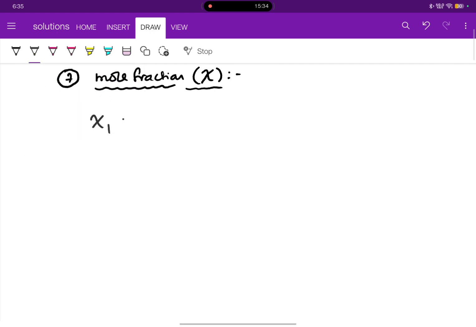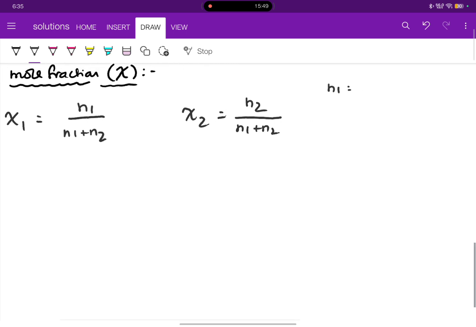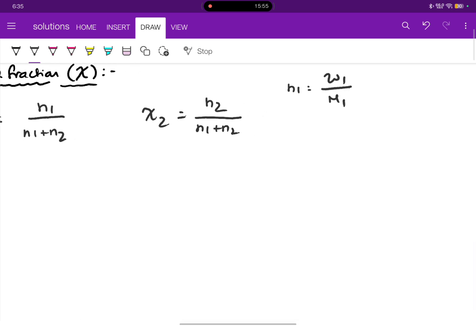So chi 1 is equal to n1 by n1 plus n2. Chi 2 is equal to n2 by n1 plus n2. So now what is n1? n1 is nothing but w1 by m1, that is mass of solvent divided by molar mass of solvent.